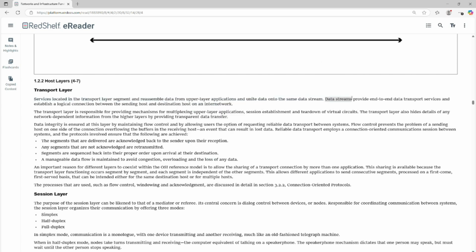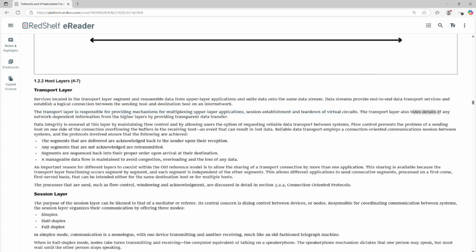As well, data streams provide end-to-end data transport services and establish a logical connection between the sending host and destination host on an internetwork. Keep that in mind. Another responsibility of the transport layer is providing a mechanism for multiplexing upper layer applications, session establishment, and teardown of virtual circuits.